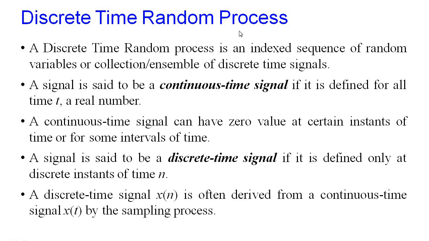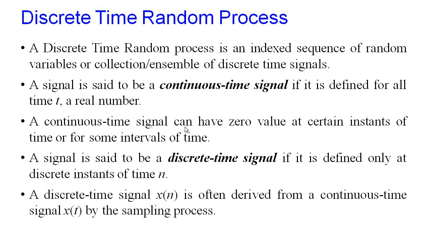Discrete time random process. A discrete time random process is an indexed sequence of random variables, or a collection or an ensemble of discrete time signals. So here we have continuous time signal and discrete time signal. What is a continuous time signal? A signal is said to be a continuous time signal if it is defined for all time t, a real number.